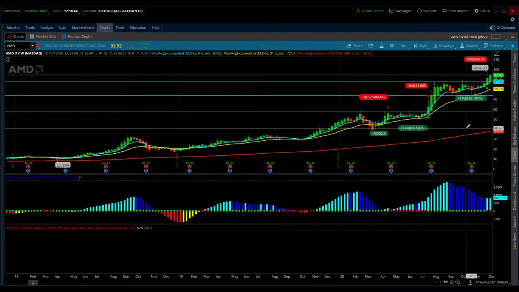The 21 is actually an indicator that a lot of traders use. Honestly, when I was studying these charts, it was this time frame that fit my trading style. And I'm using exponential moving average. There's simple moving average, but that is more of a lagger. The exponential is a much faster indicator. It's more up to date. The 21 for me, the time frame worked more of the times.